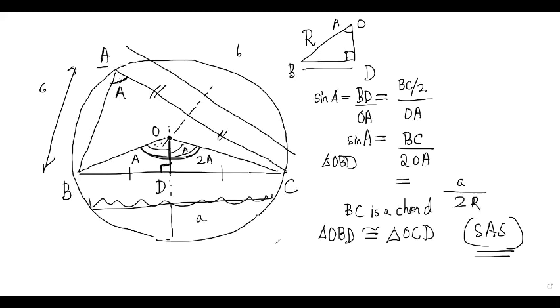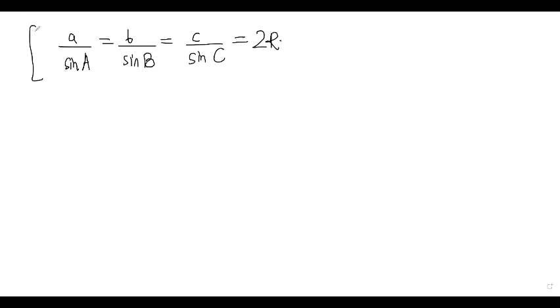So you will get the proof that sine A is equal to a by 2R, right? In a similar manner, you can show that sine B is b by 2R and sine C is equal to c by 2R. So finally, what we will say is a by sine A is equal to b by sine B is equal to c by sine C is equal to 2 capital R. So this is your sine rule, right?